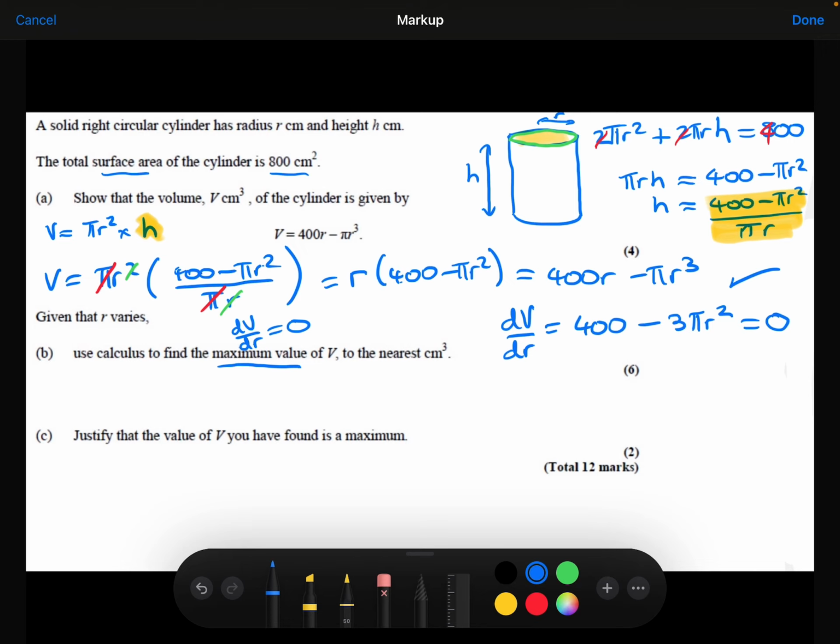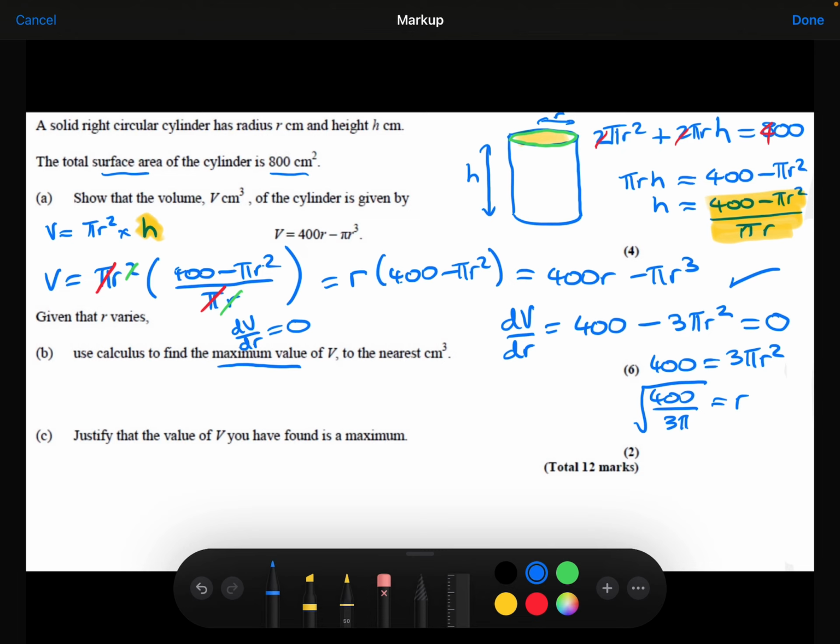I can now rearrange this and solve it to find out what r is when I have a maximum. So divide both sides by 3 pi to find r squared. And if I square root both sides, then I find that r is equal to the square root of 400 over 3 pi, which is roughly 6.5.